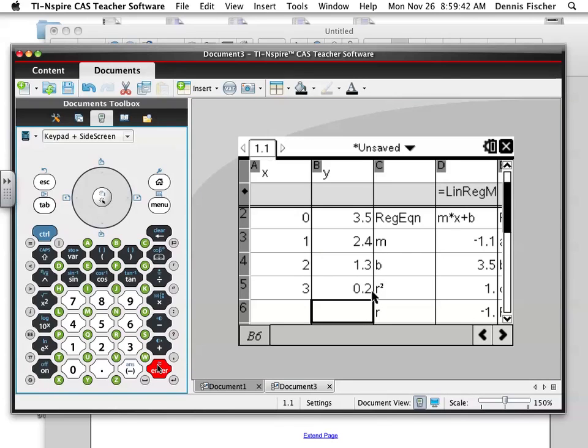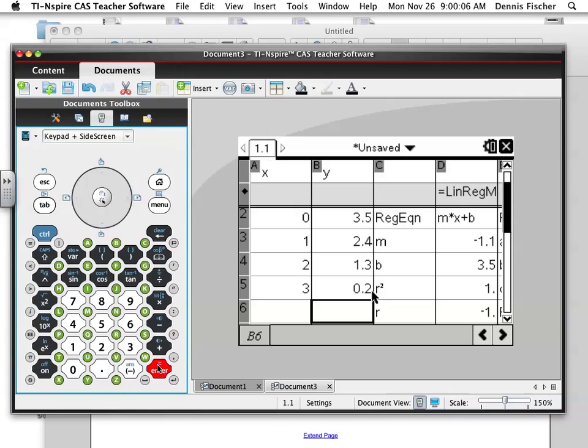So I typed in my values. I didn't do any more work. I already had my equations up here, right? If I look at my linear regression up here, is it a good model? How close is it to 1? It is 1.